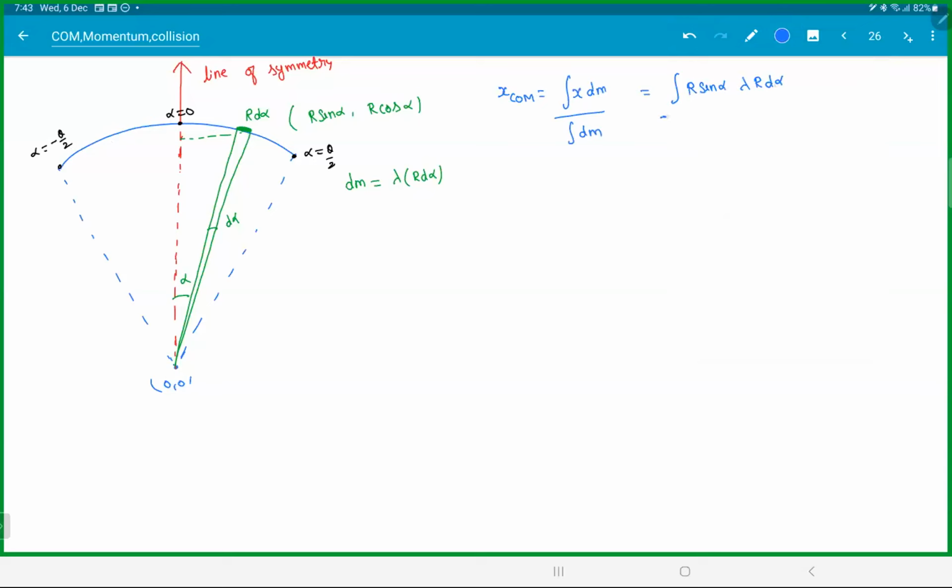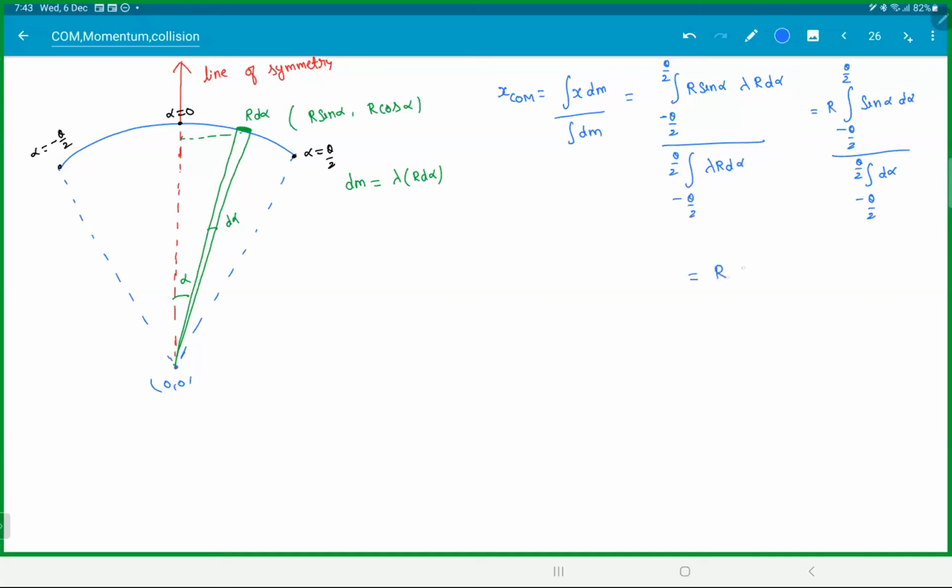Here, alpha is going from minus theta by 2 to theta by 2, divided by integral lambda r d alpha from minus theta by 2 to theta by 2. Lambda r will cancel off, and you end up with integral sine alpha d alpha over integral d alpha. Now see, I know this should come to be 0. I'm just proving it to you.